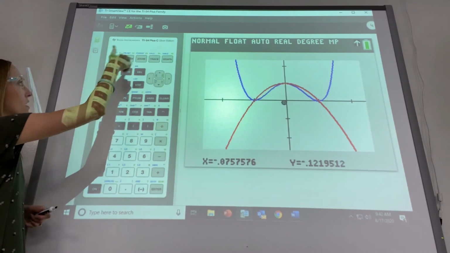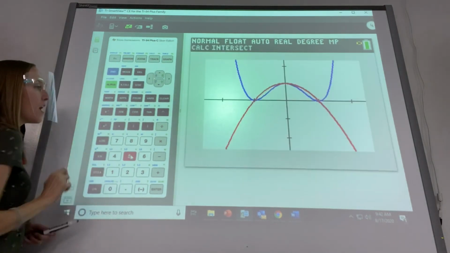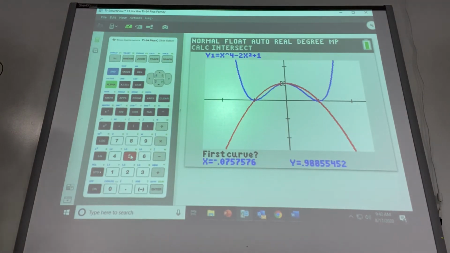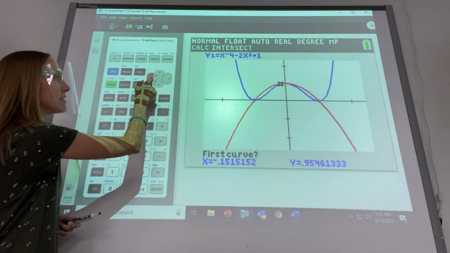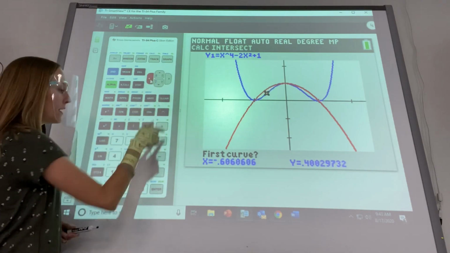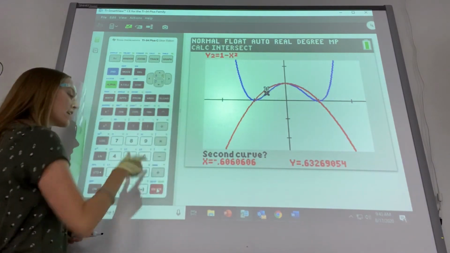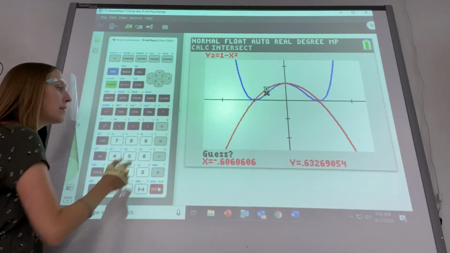So you can start it all over again. Second trace, option 5, first curve. I don't know where it's at right now, so let me scoot it down. It's on the blue one. Sure, that's my first curve. Second curve, yep.